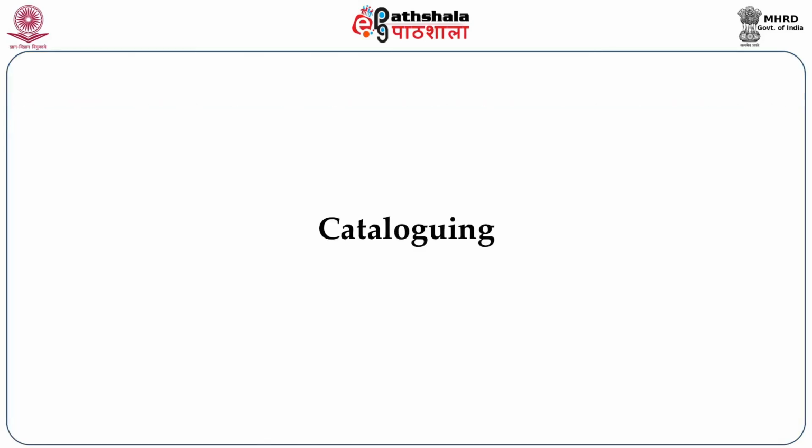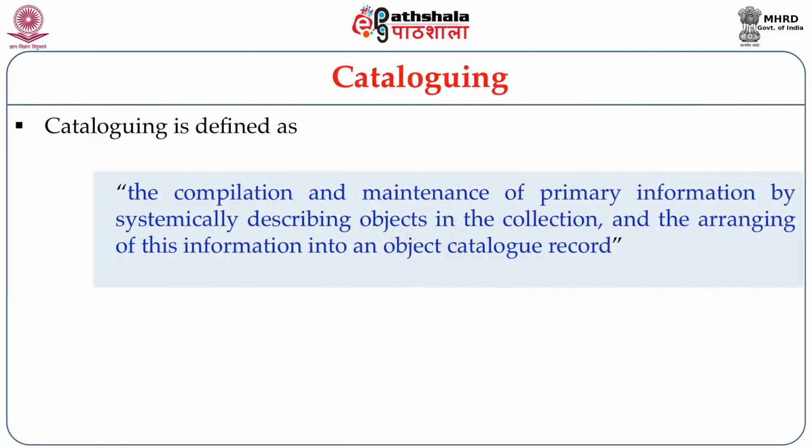And the next step of the documentation procedure is cataloging. It is the compilation and maintenance of primary information by systematically describing objects in the collection and arranging this information into an object catalog record.